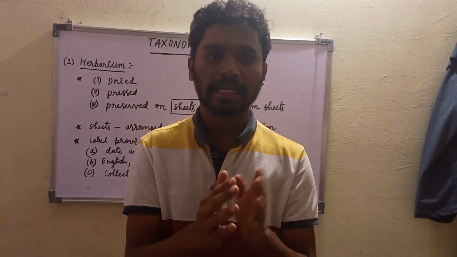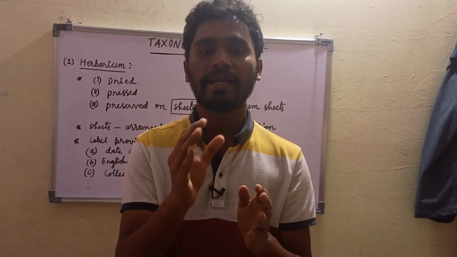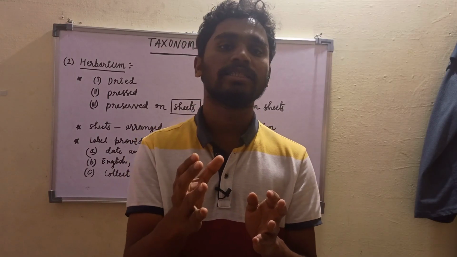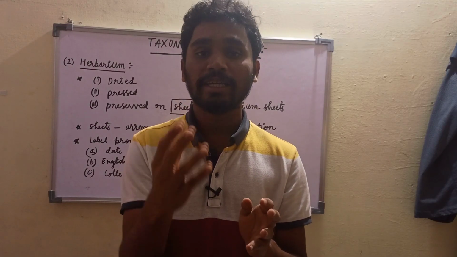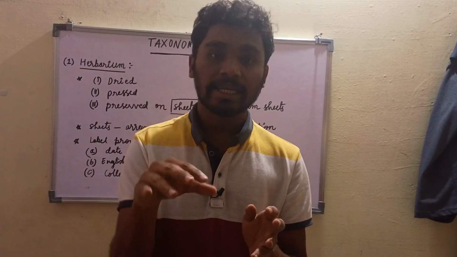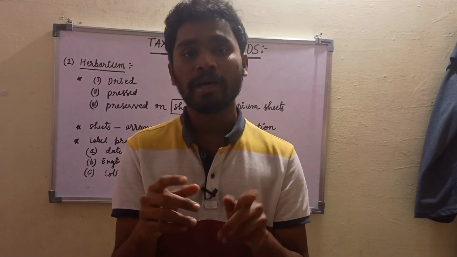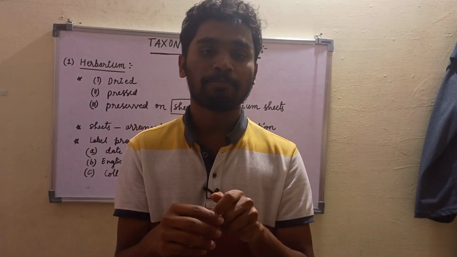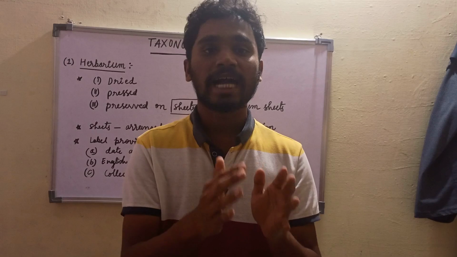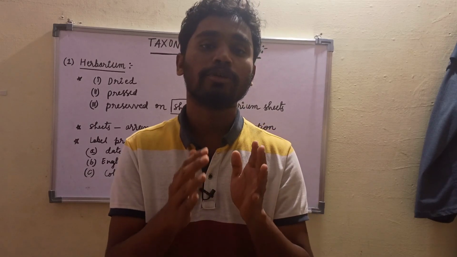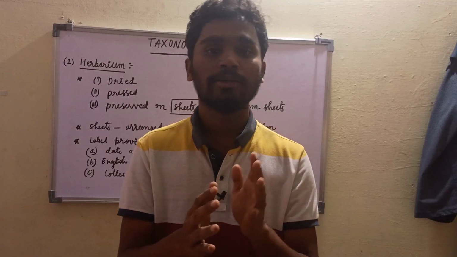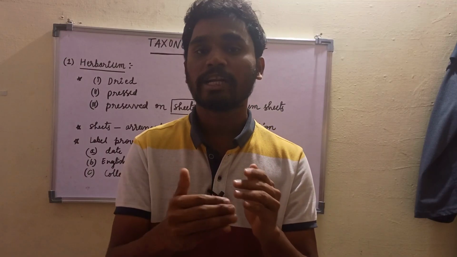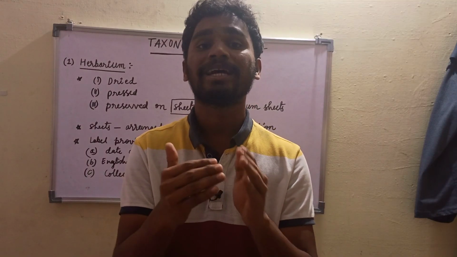After studying these characters, we get an idea that this organism belongs to class Insecta, phylum Arthropoda and kingdom Animalia. So like this, taxonomical aids help in the classification of organisms into their respective taxonomic hierarchy.